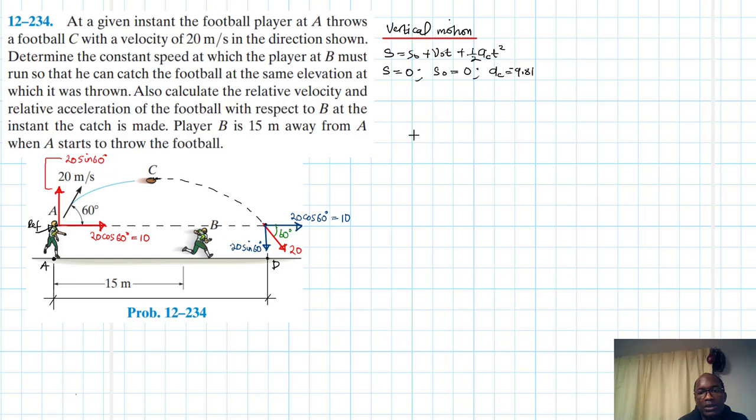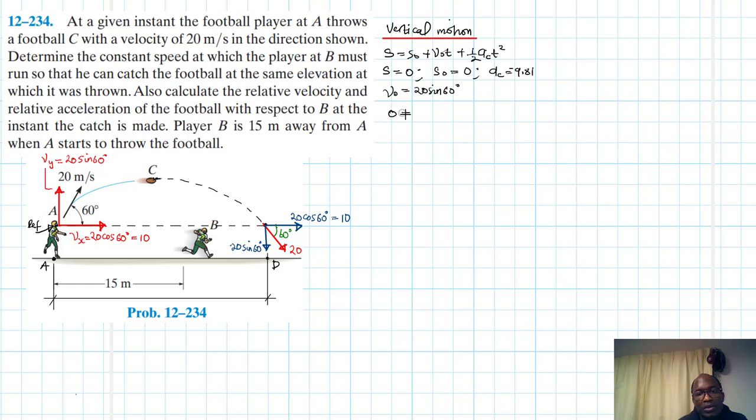V naught in our case is 20 sine 60. This is our V naught Y here, and this one is our V naught X, like so. So let's plug in these things.